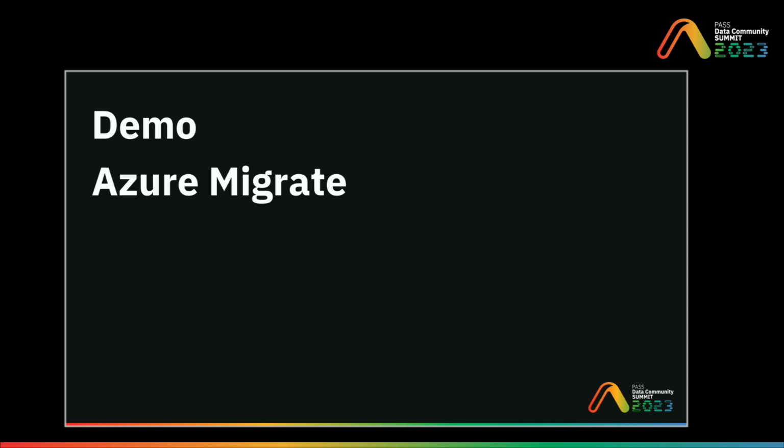Very soon, we will also look into creating a business case, the way people have seen in SQL in Azure Migrate, where you can project your TCO. So it's a 4 or 5 minute demo.